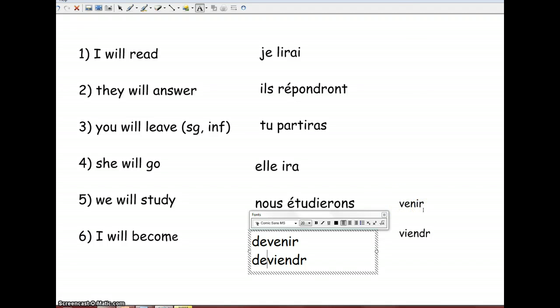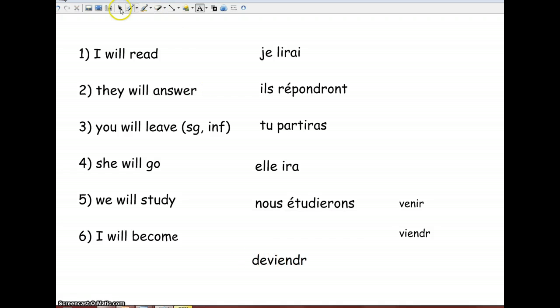Venir means to come on its own, and it has an irregular stem, viendr. Devenir means to become. So it's got venir inside it, so we need to keep the irregular future stem, replace venir with viendr, and put the de back on. And that becomes our irregular stem for devenir.